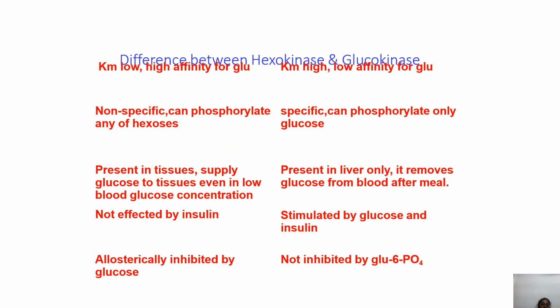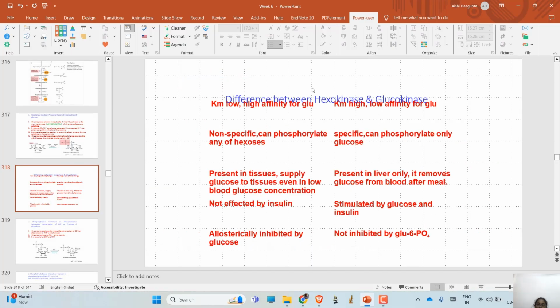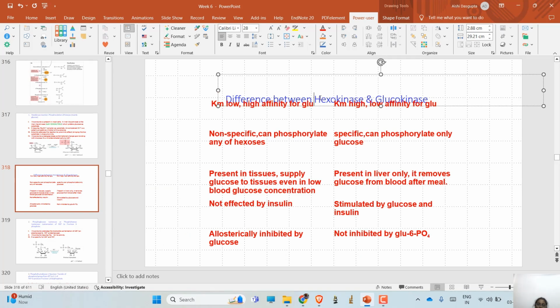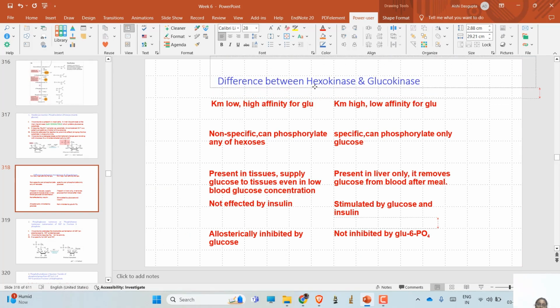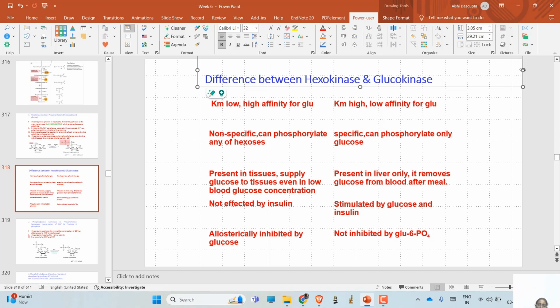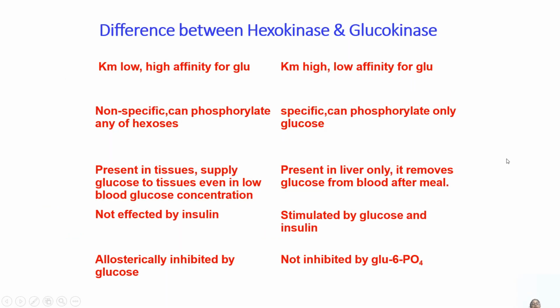Now, what are the differences between hexokinase and glucokinase? In case of hexokinase, the Km is low, high affinity for glucose, whereas the opposite is true for the other.